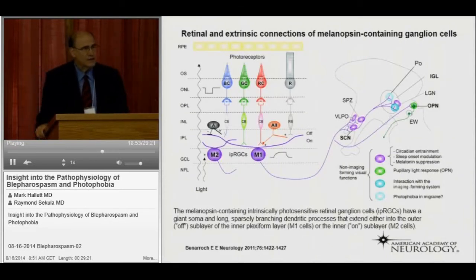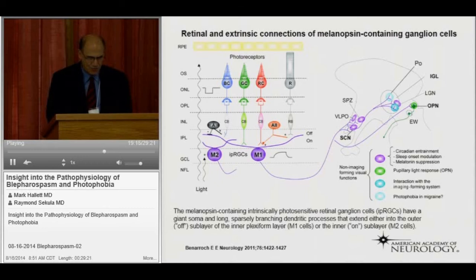So if you think about the way that light interacts in the eye, the ordinary types of photoreceptors, those cells that receive light that have been known for a long time, are the cones and the rods in the retina.